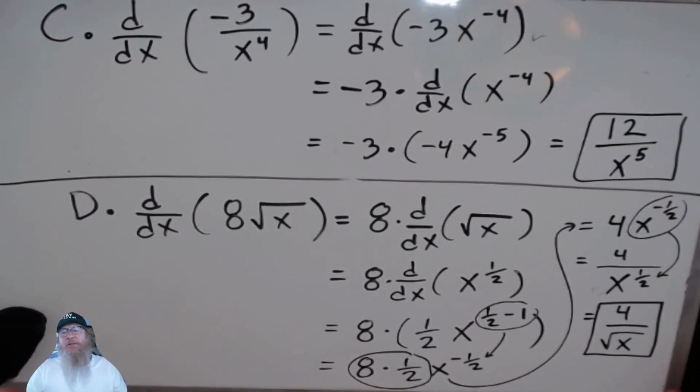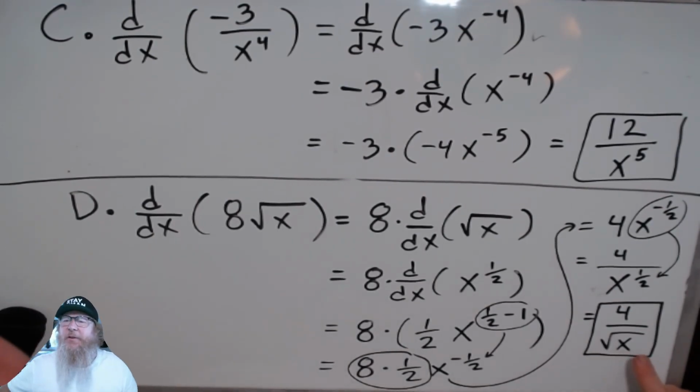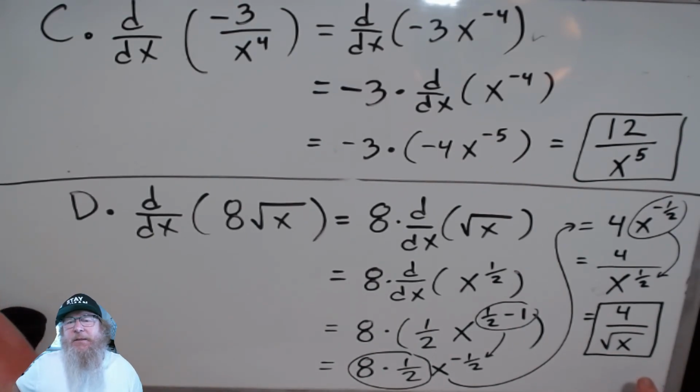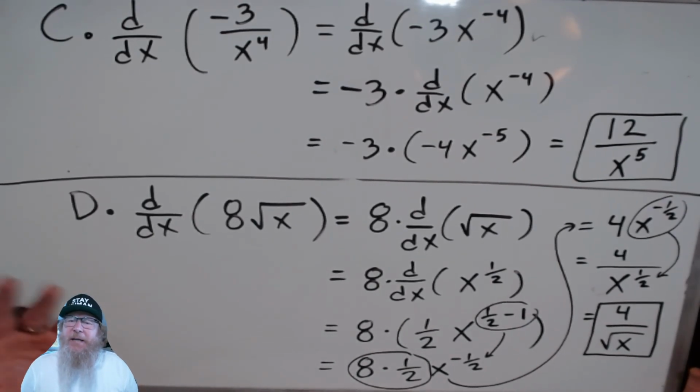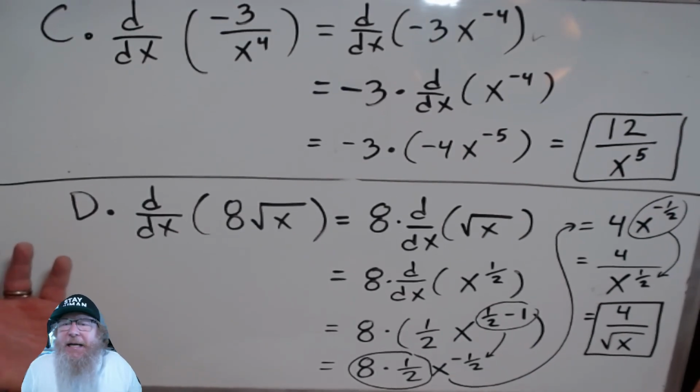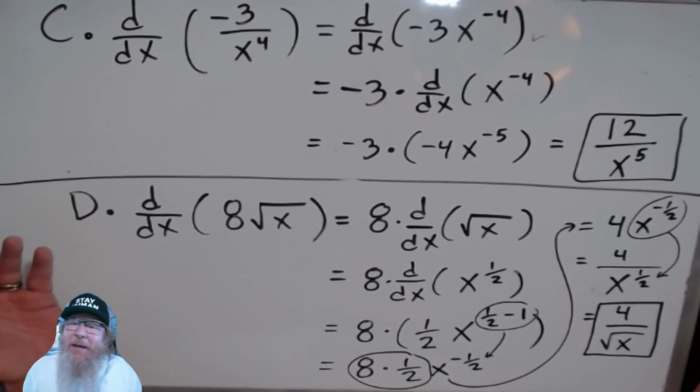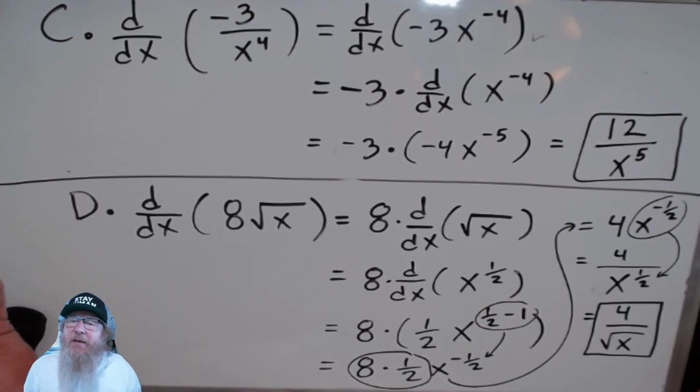Some instructors, not me, but some instructors out there will make you go one step further. They'll make you get rid of the square root in the denominator. If you were in a beginning or an intermediate level algebra course, that's a very common instruction. I always wonder why we make people do it in beginning. I think it's just to keep you busy, make you do stuff.